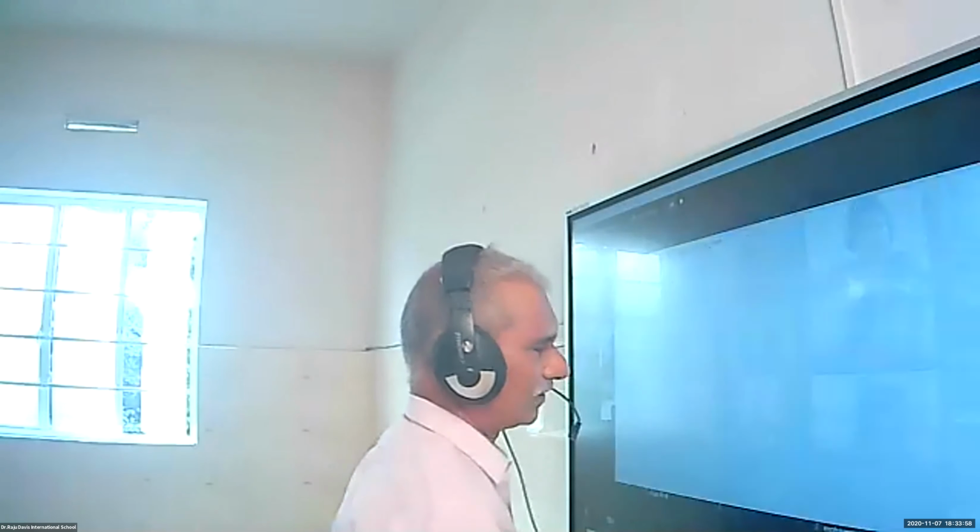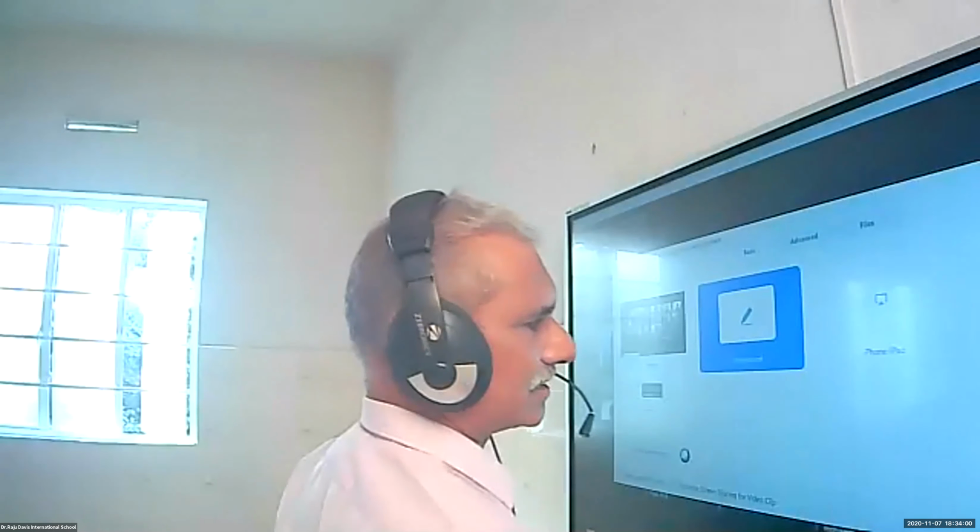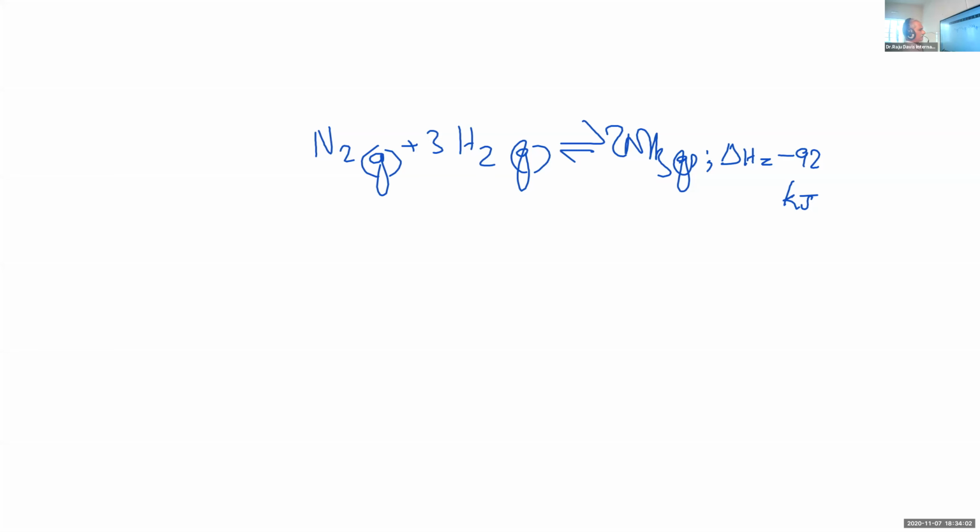Now, let us go to the given reaction. That is our Haber process. Which reaction is exothermic, which is endothermic? Look at the board, there are two reactions. The forward reaction means left to right, reactant to product.